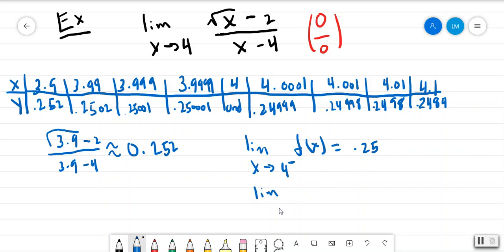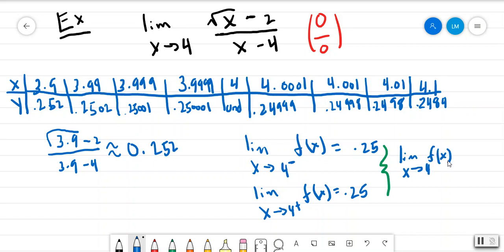But the limit as x approaches 4 from the right side is accordingly also 0.25, which means that we can conjecture that the limit as x approaches 4 of f of x is equal to 0.25, and that's it. So in this case, if we're going to do the table values, we just have to be very close to 4.